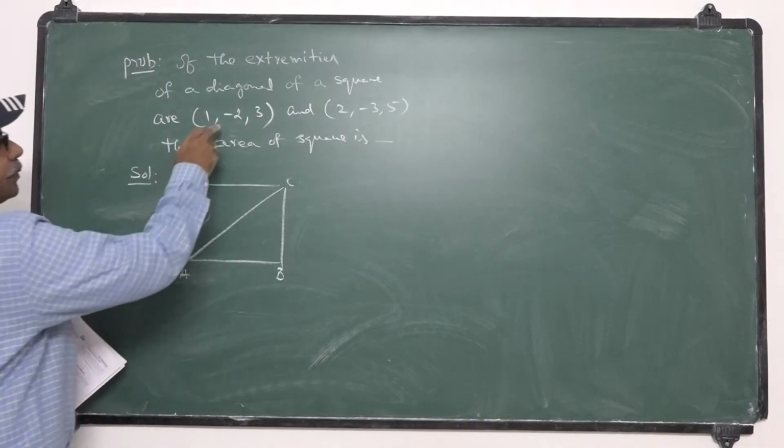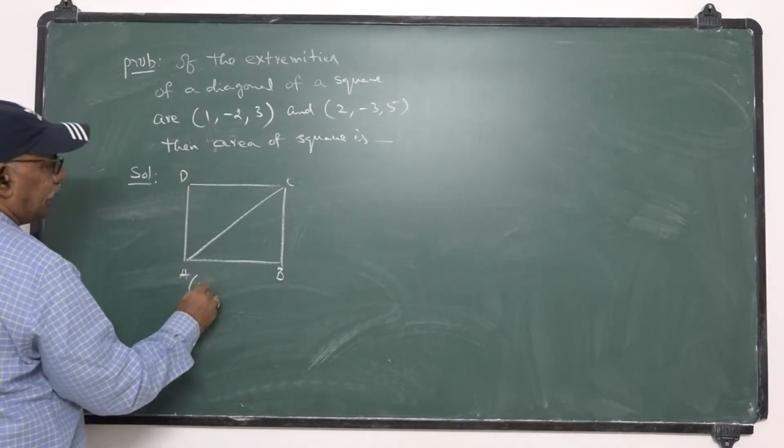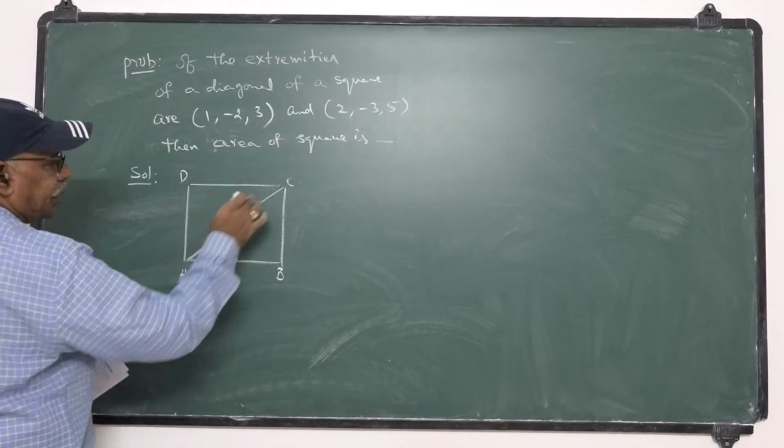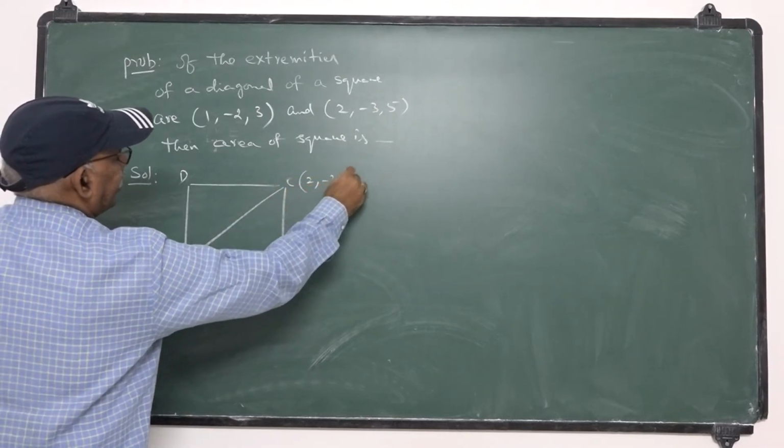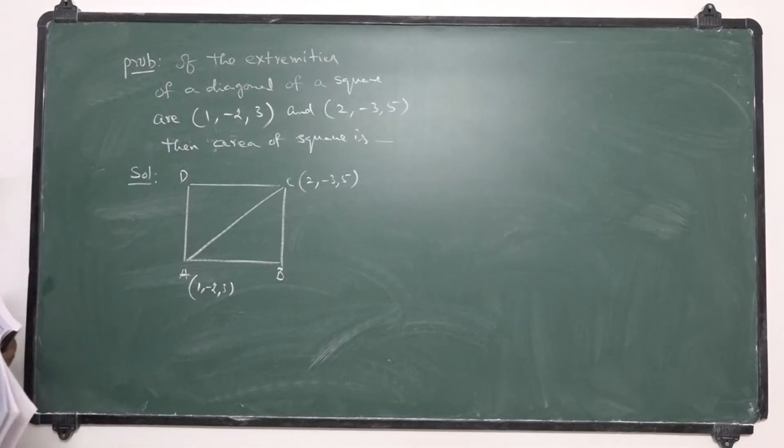The coordinates are given by A (1, minus 2, 3), the extremities of the diagonal, and C is (2, minus 3, 5). Suppose A and C are the extremities of the diagonal here. One diagonal, you can take BD also.